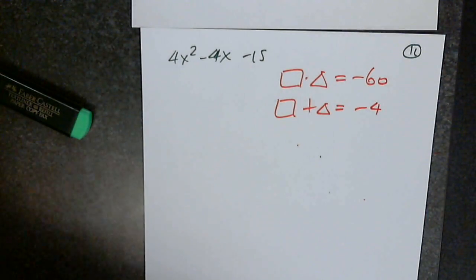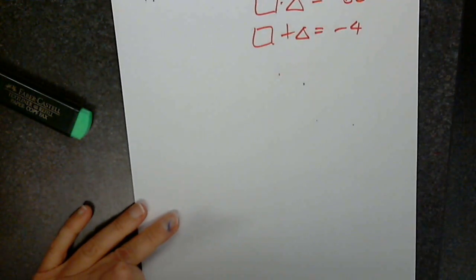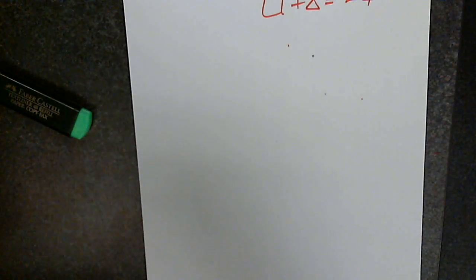So let's think. We want to find two numbers whose product is negative 60 and whose sum is negative 4. Can anyone come up with two numbers whose product is negative 60 and whose sum is negative 4?